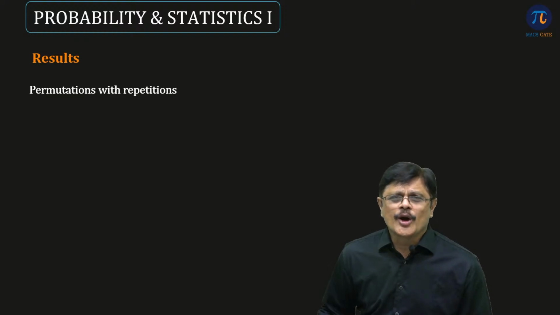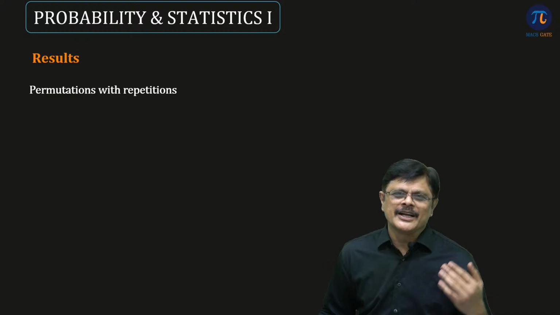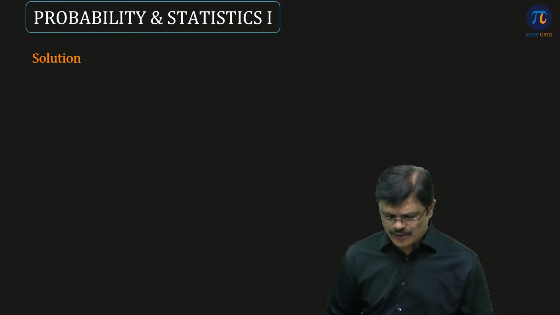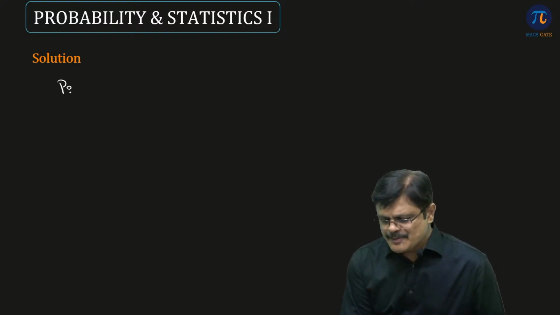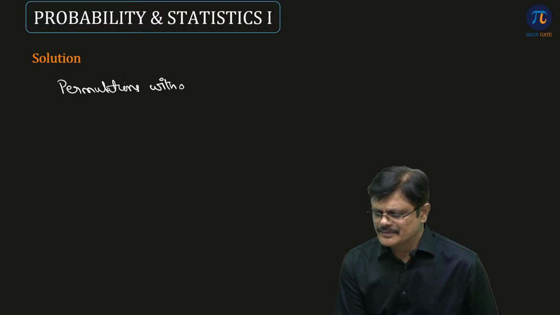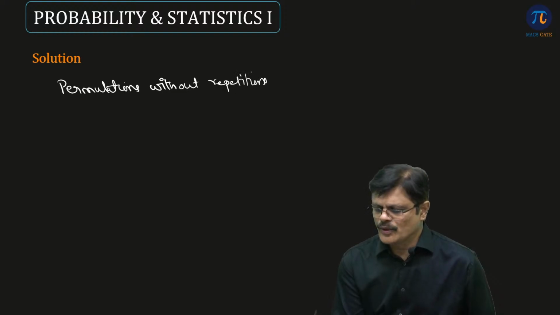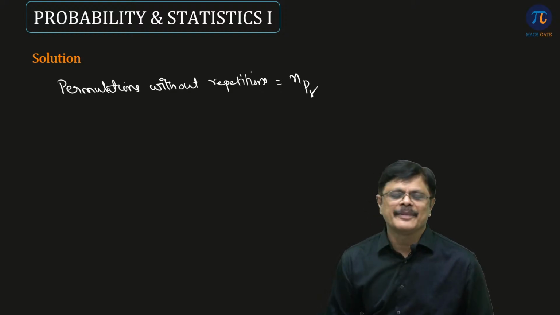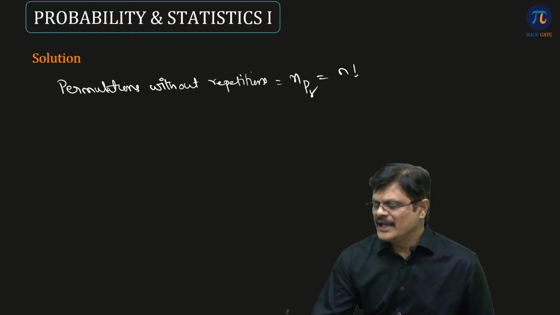So that is about combinations without repetitions. So we already completed permutations without repetitions and combinations without repetitions. So whenever it is permutations without repetitions, what is the formula? R permutation of n objects is given by nPr. And what is the formula for that? n factorial by n minus r factorial.